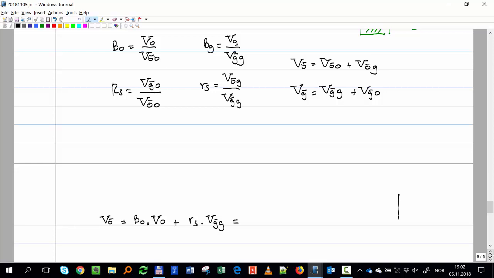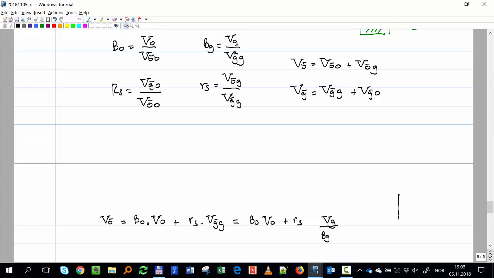But at the same time, the gas from gas I can express with this expression here, so it can be the gas factor times Vg divided by the gas factor.